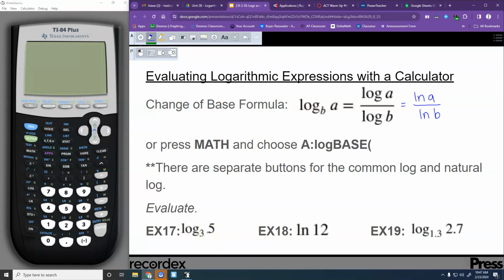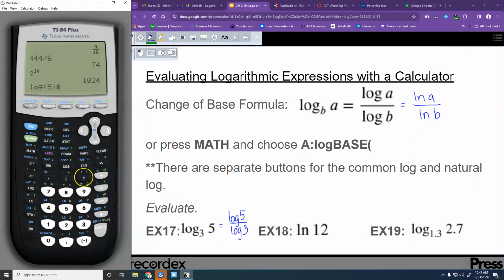For 17, if you use the change of base formula, it is log of 5 over log of 3. Right? And so you would type it in like this, log 5. Now do be careful right here. If you use change of base formula, you've got to close that parentheses before you divide, or else it's trying to log everything there. And then log 3. And so we get 1.465.